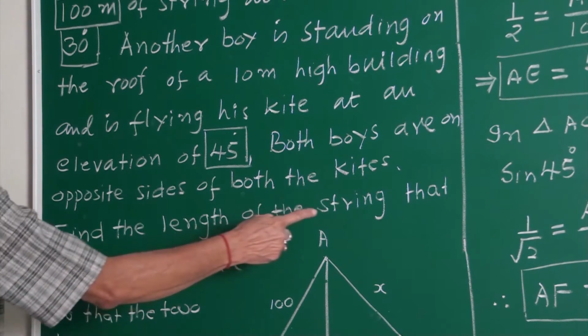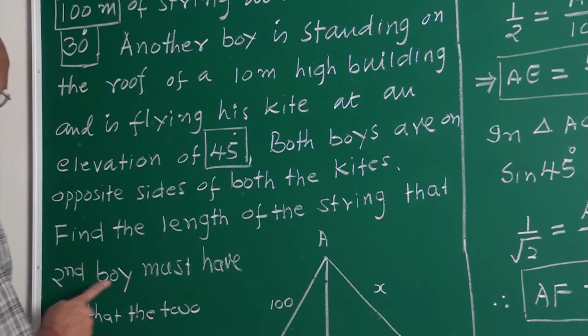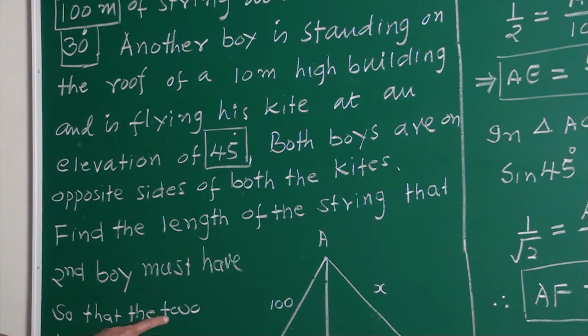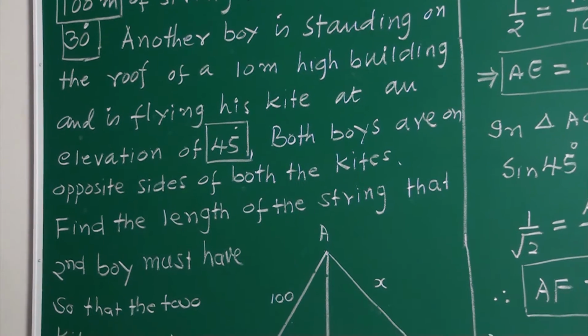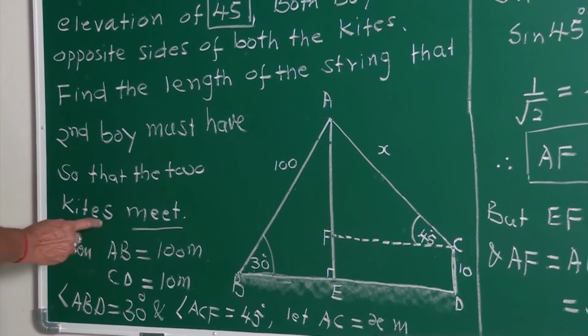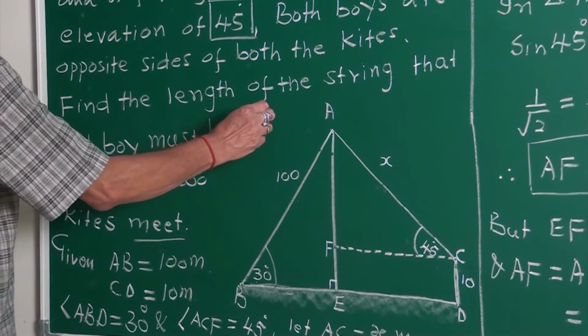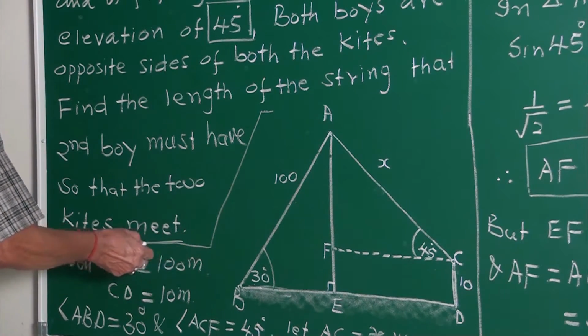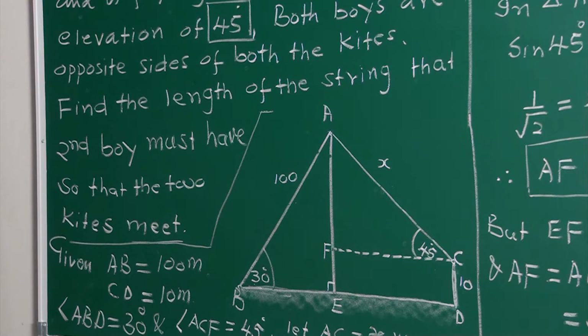Find the length of the string that the second boy must have so that the two kites meet. This is the problem.